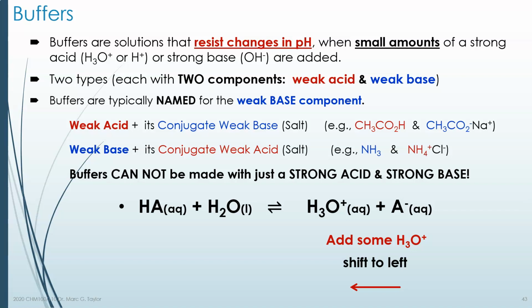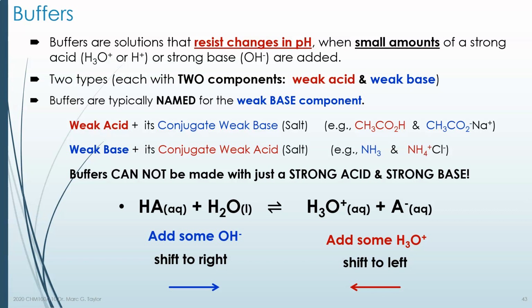And doing that will just make this reaction move backwards. You can see the way it's originally written here in black. It's a reversible reaction. You'll have a little bit of HA, you'll have a little bit of A-, and the A- will act as a sponge to react with any strong acid you add. And when it reacts, it will produce the compounds on the left side here.